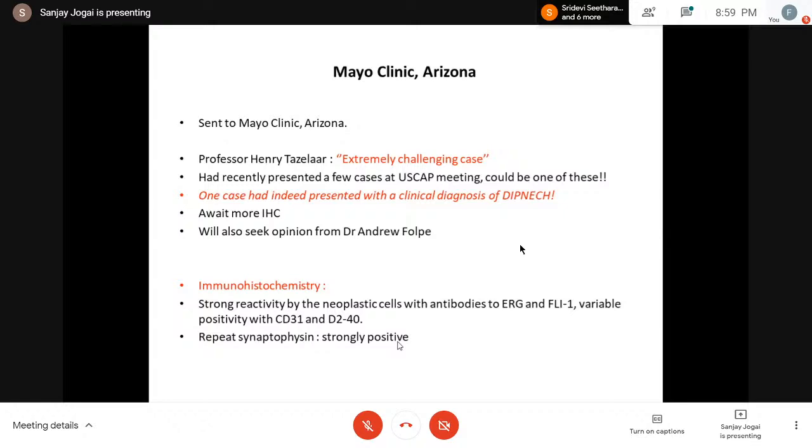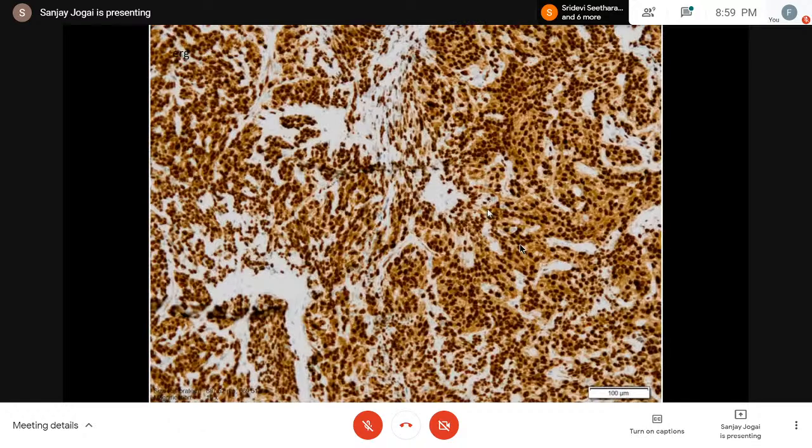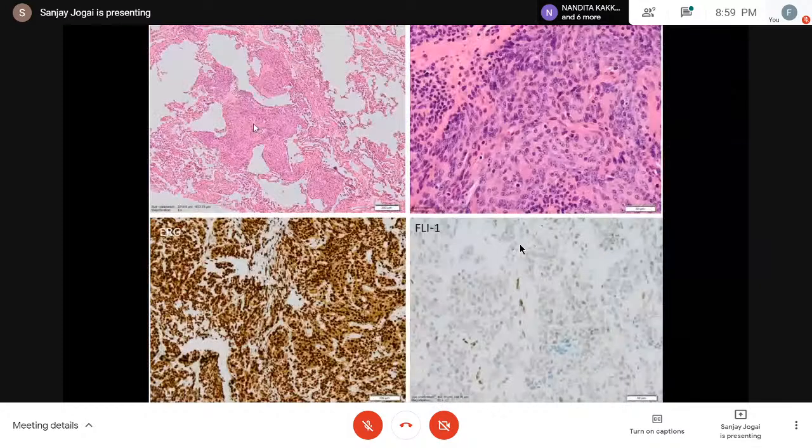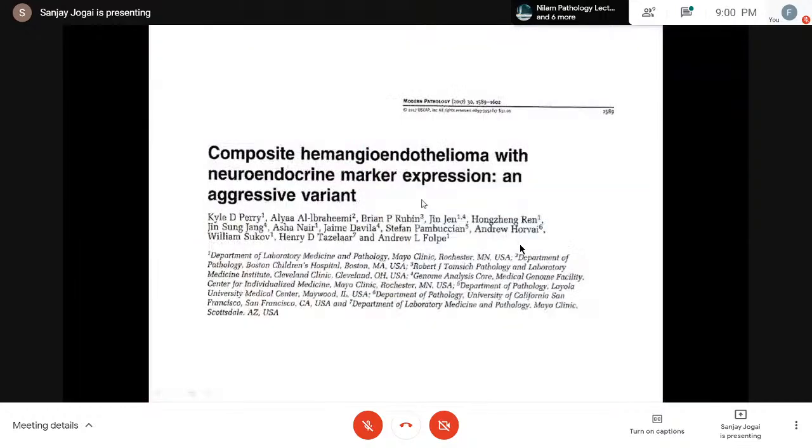So this is ERG, very strongly positive. This is FLI1. And just to reiterate the morphological features, you have those H&E slides, ERG and FLI1 positive. So they had just about described this entity, which is a composite hemangioendothelioma with neuroendocrine marker expression. And that is the whole pitfall of this.